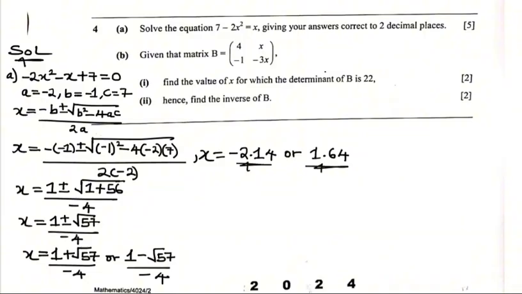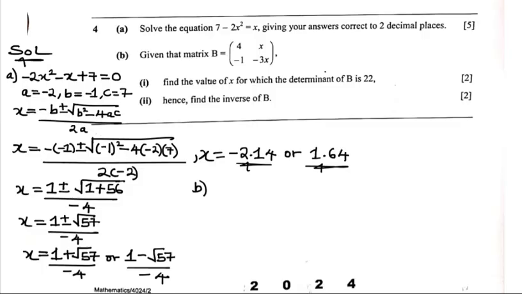So these two values of x are the solutions or answers to the quadratic equation given here. So 5 marks for this question. Going to B. On B, given that the matrix B is equal to, so the entries are 4x, -1, -3x. Then Roman numeral 1, we want to find the value of x for which the determinant of B is 22. So 2 marks for this.